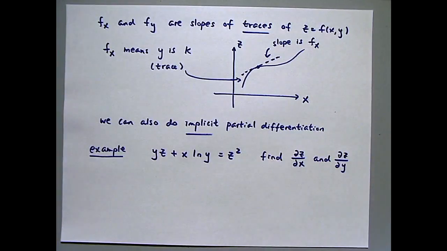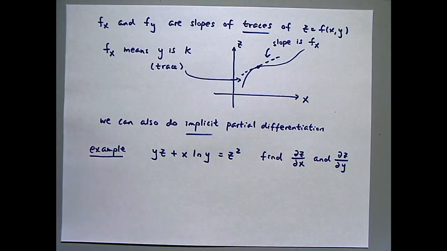And we would like to find the partial derivative of z with respect to x and the partial derivative of z with respect to y. You remember how to do implicit differentiation? Yes? No? Maybe?